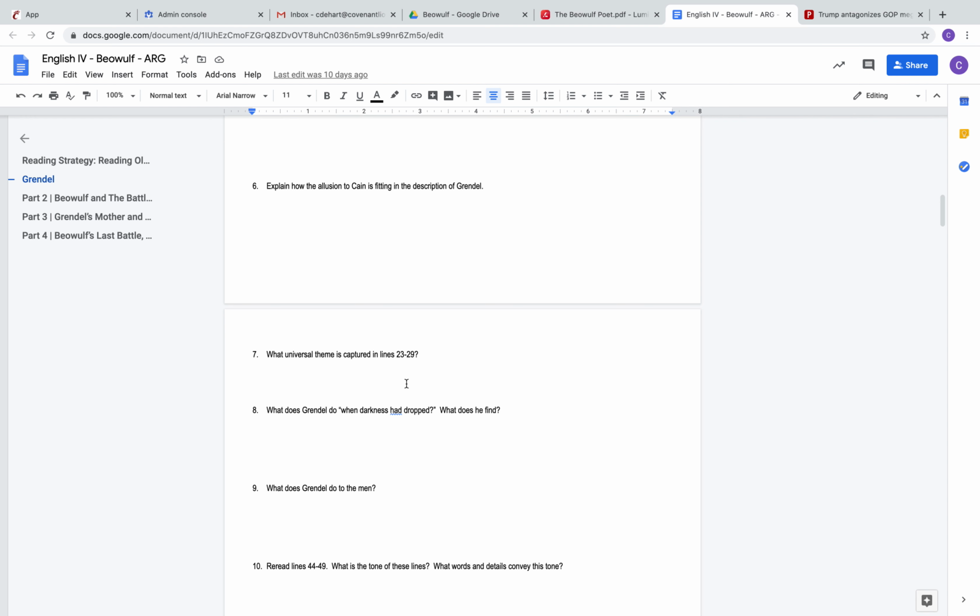Let's see what happens. The monster's thoughts were as quick as his greed or his claws. He slipped through the door, and there in the silence snatched up 30 men, smashed them, unknowing in their beds, and ran out with their bodies, their blood dripping behind him, back to his lair, delighted with his night's slaughter.